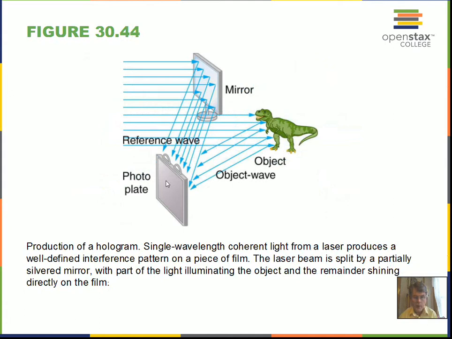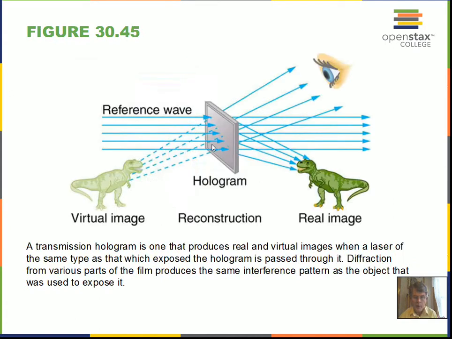And that pattern, that interference pattern, is then recorded in plastic or glass, whatever the film material might be. And later we can look at that and we get a three-dimensional viewing of the object. So that's the mechanism of the hologram.